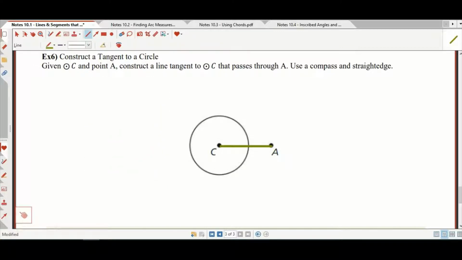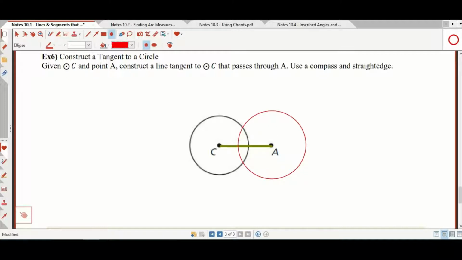So we're going to need to construct a perpendicular bisector of segment CA. So you're going to put your compass on A here, and you're going to make sure it goes a little bit past there. Now, here's the thing. You're going to keep your compass open to the same width. I'm going to do that by making sure that my width is 1.32 is what I just did there.